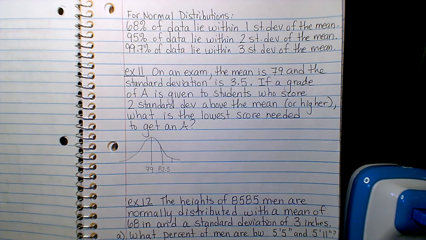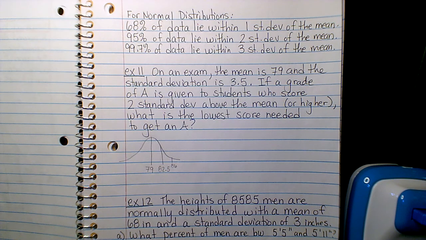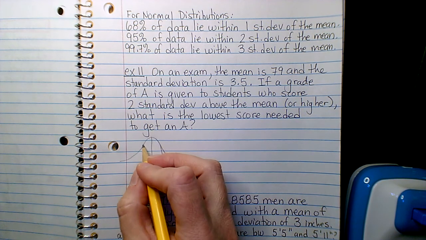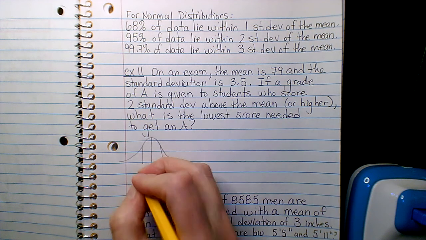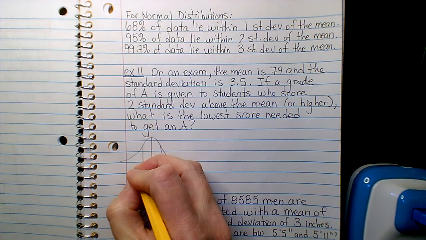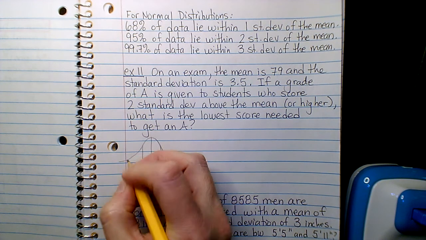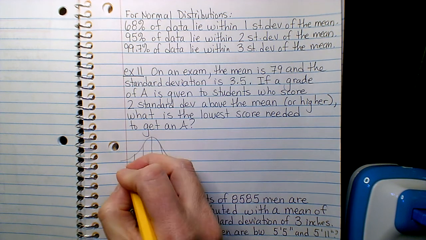All right, let's keep adding. If we add 3.5 again, that's going to be 86. In this direction, if I subtract 3.5, I'm going to get, I think, 75.5. Let me check that out just to make sure, because I don't want to make that mistake. So 75.5. If I subtract 3.5 again, that's going to give me 72.